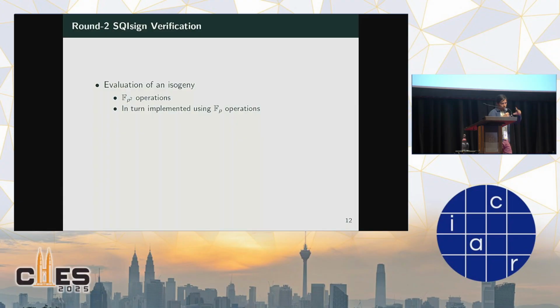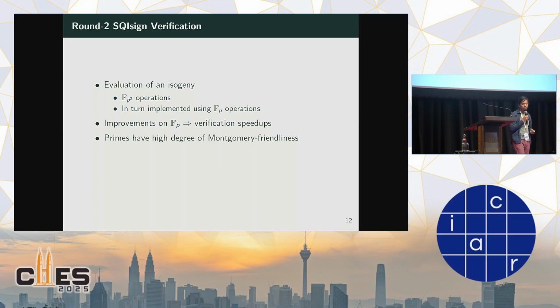And this layer, arithmetic on the quadratic extension, is practically just calling operations on the base field. So improvements on arithmetic at the base field level will end up speeding up the whole of the verification of SQIsign.